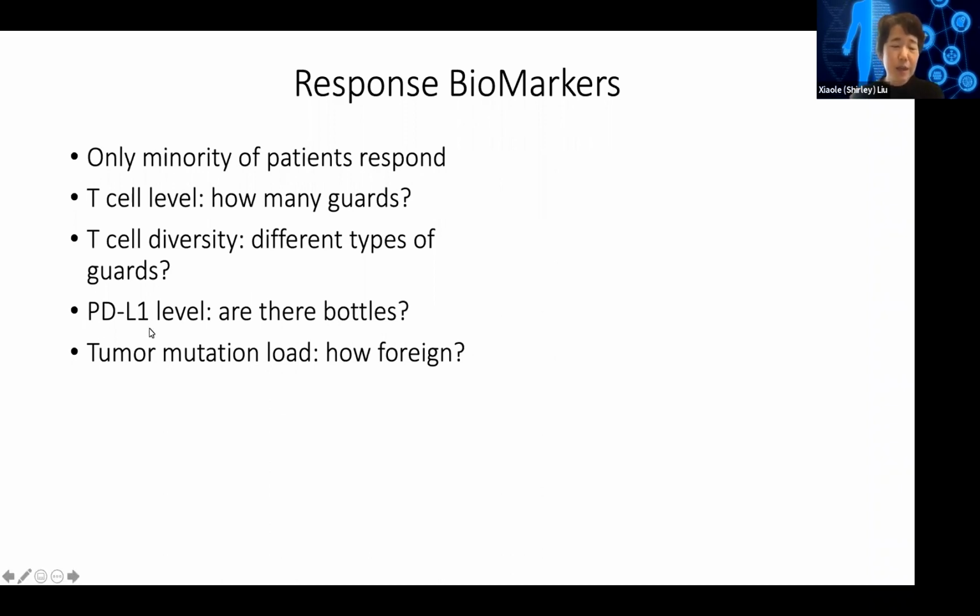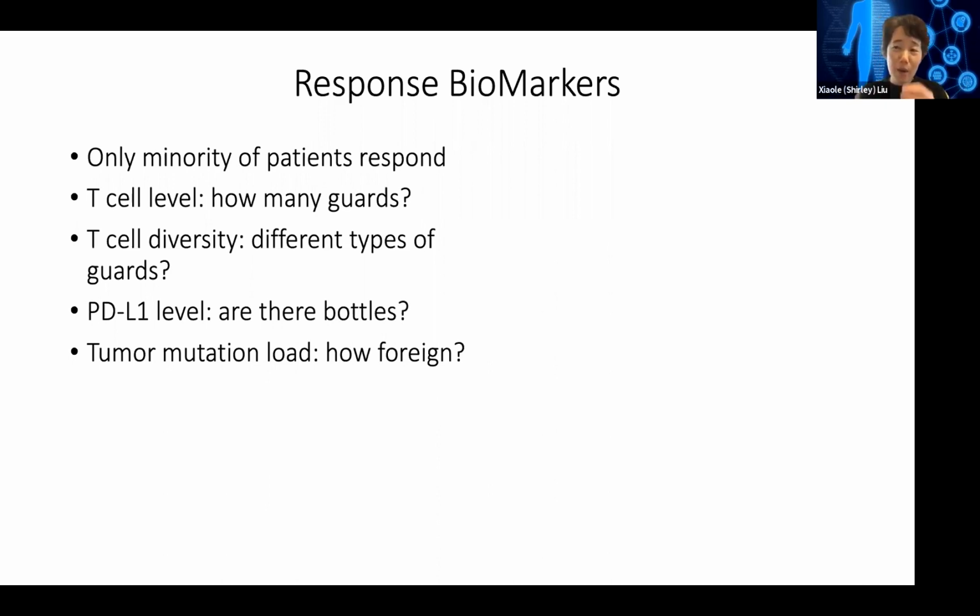And the next one is PD-L1 levels. This one is kind of puzzling. Cancer cells, or sometimes macrophages or B cells, also express PD-L1 on the cell surface. It is the cancer cell's checkpoint to inhibit T cells from activating, to say, hey, buddy, let's be friends, no point to get alarmed.